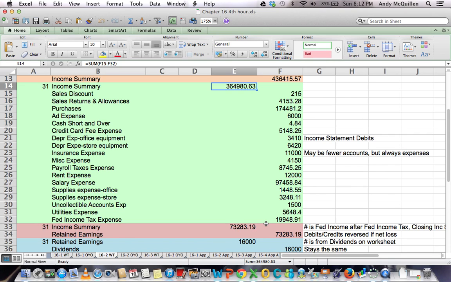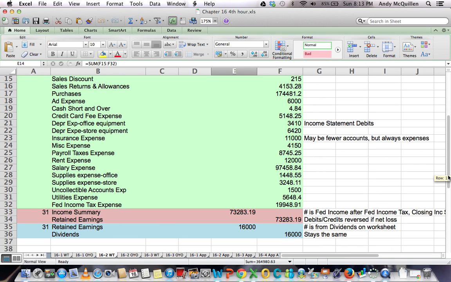That number is going to be a net income, so income summary goes on top. It's $73,283.19. We put that money in retained earnings. Retained earnings is an account that stays open, so that number is credited in retained earnings. And we know that because it says net income. If it's net income, we know that retained earnings is always going to be a credit.